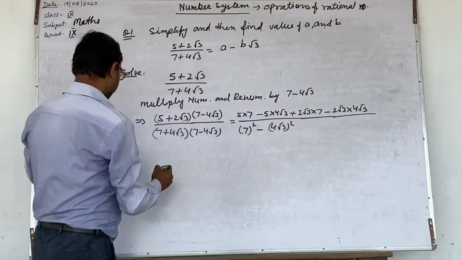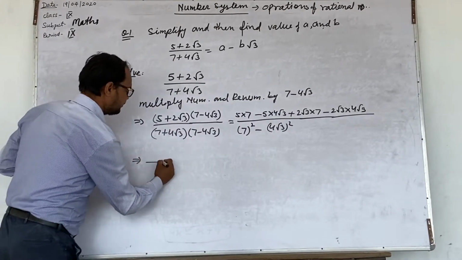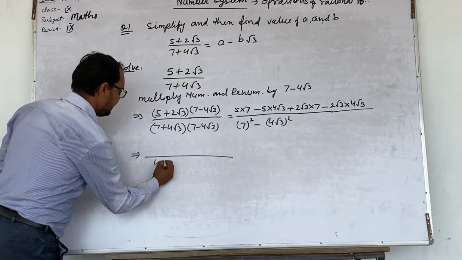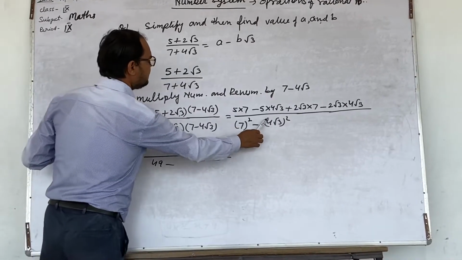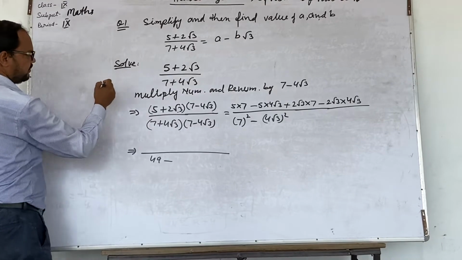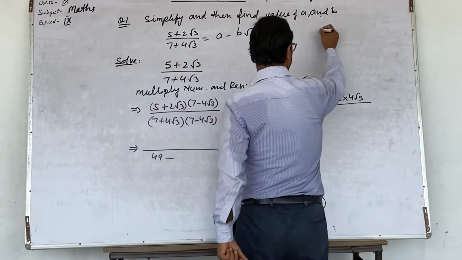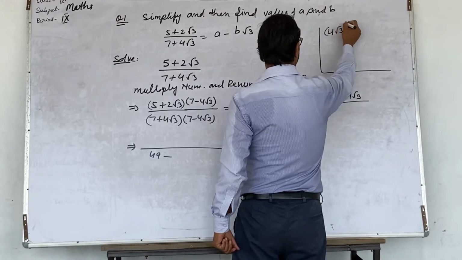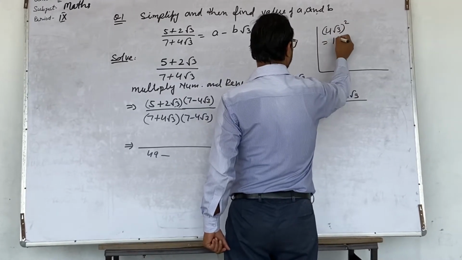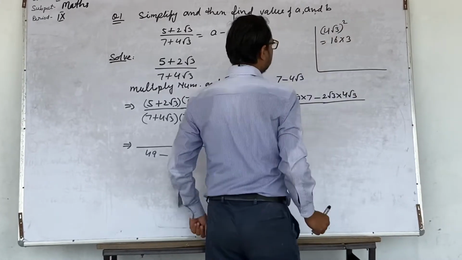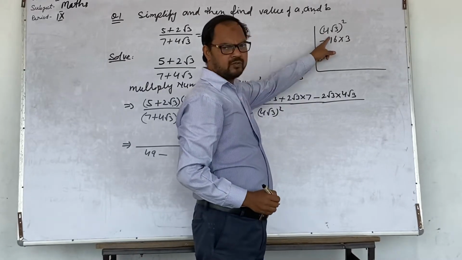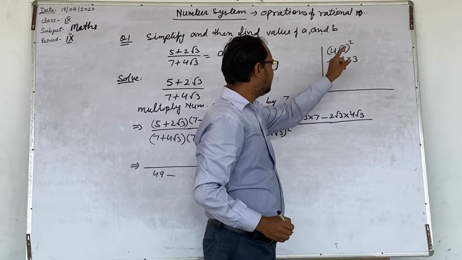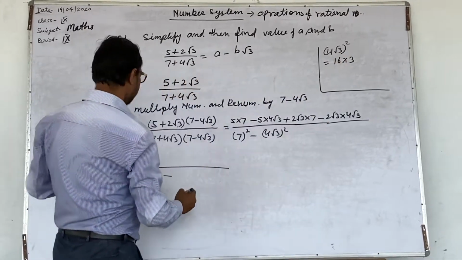And the next, a square means 7 square, 49, b square means (4 root 3) square. Square of 4 is 16 and square of root 3 is 3. This will give you 48.